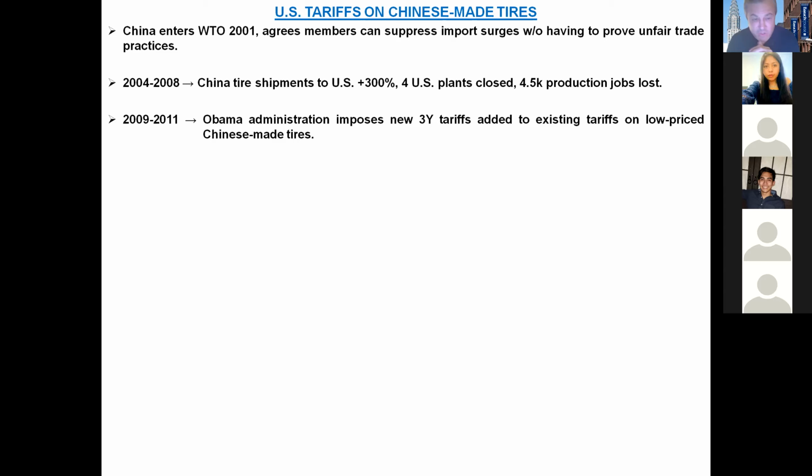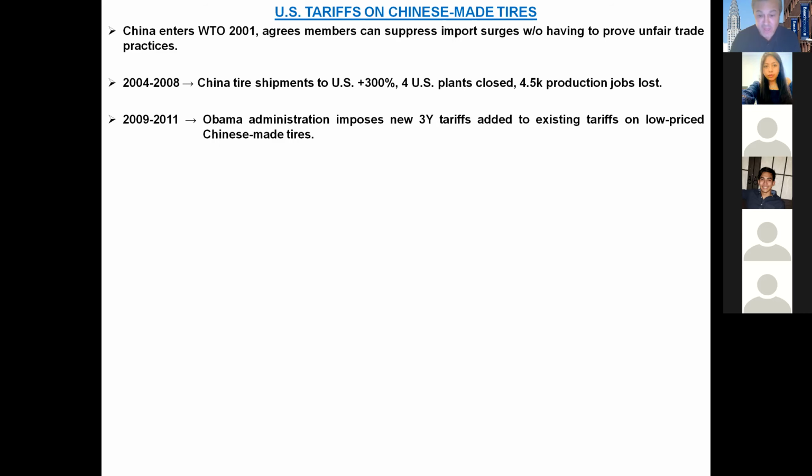Between 2004 and 2008, shipments of low-priced Chinese-made tires to the United States increased by 300%. We saw 4 US plants close and 4,500 production jobs were lost. Between 2009 and 2011, the Obama administration imposed new tariffs for 3 years that added to existing tariffs on low-priced Chinese-made tires.